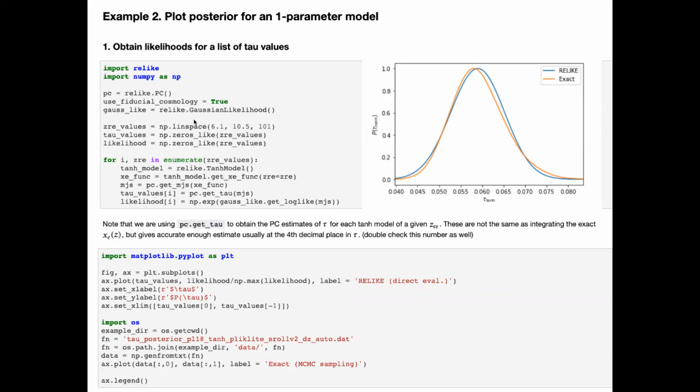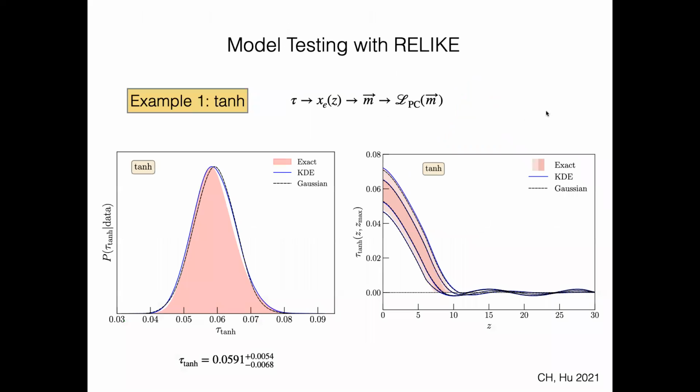This is just showing how you can go from a few lines to a posterior plot of your ionization parameter, and here we show the tanh model. I believe I can go through this part fairly quickly.